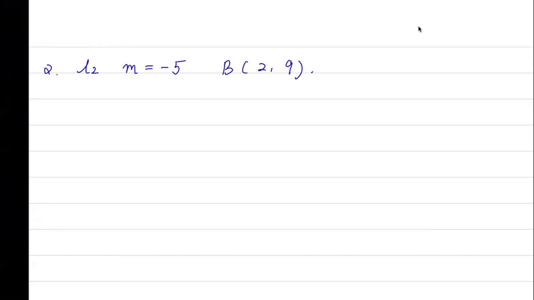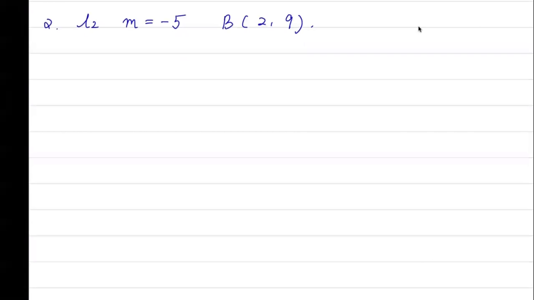This time I'm not going to draw any graph, because I want you to start to deepen your understanding of point slope form. So now we only have these 2 pieces of information. Easy.